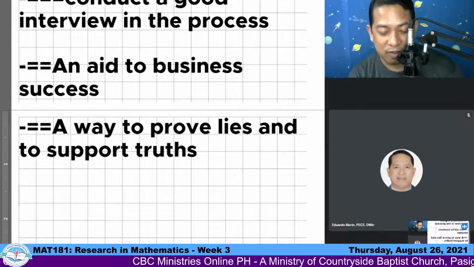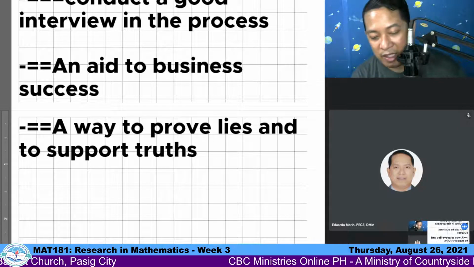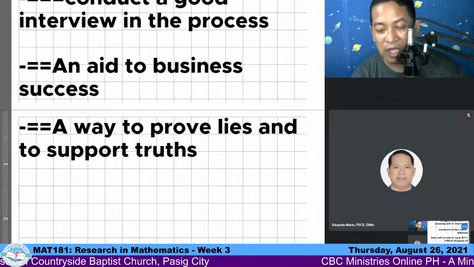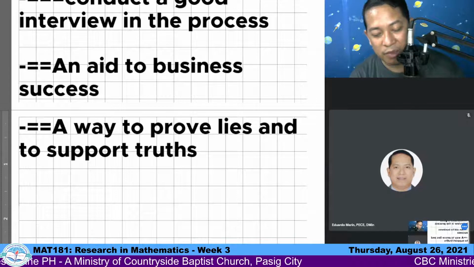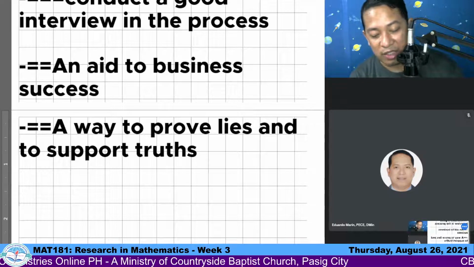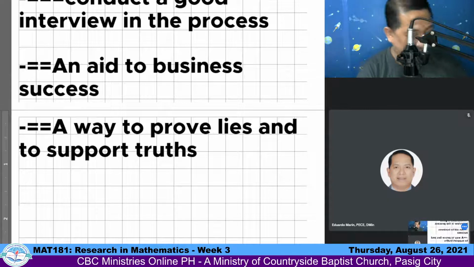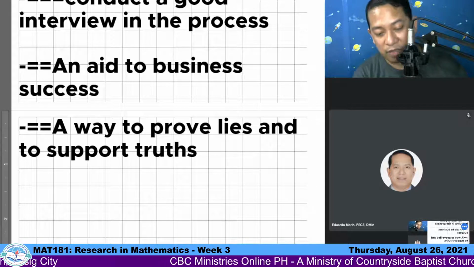Of course, mag-short circuit yun pag tinubig mo sa bayal, doon mismo sa bakuna, sa liquid doon na yun. So it cannot be sustained there. So it's a lie. Ayan. Of course, research, investigation is necessary. Okay? So a way to prove lies and to support the truth. So this is a very important research process.